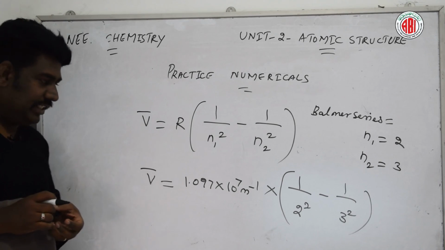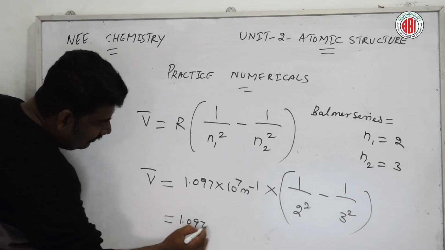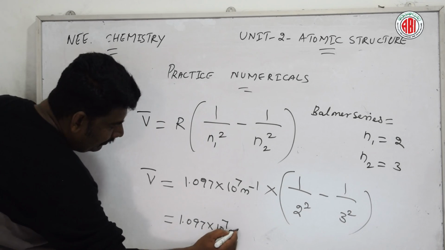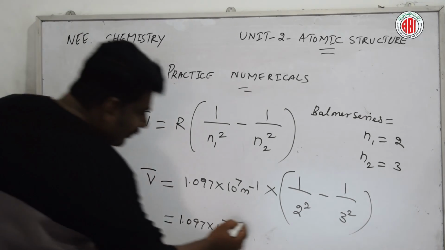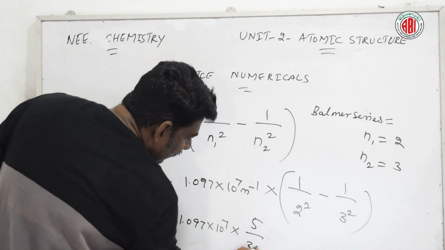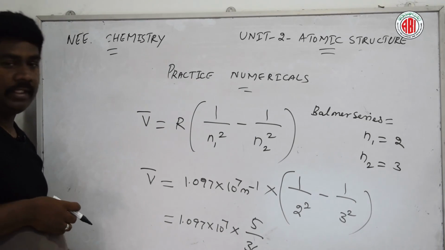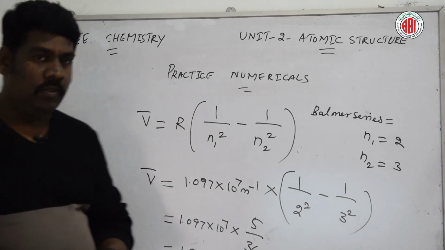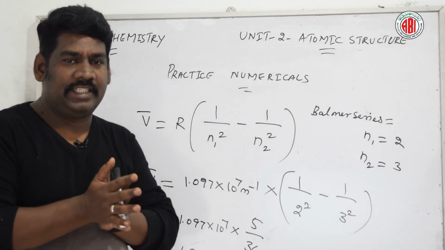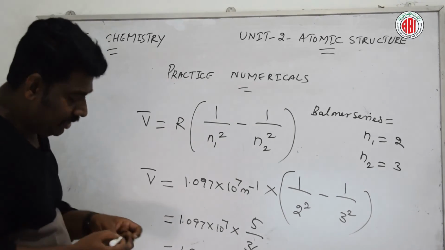Simplifying this we get 1.097 into 10 to the power of 7 per meter into 5 by 36. Simplifying this we get 1.523 into 10 to the power of 6 per meter. So in this way we can solve this problem.